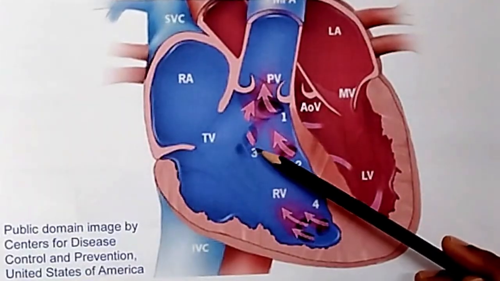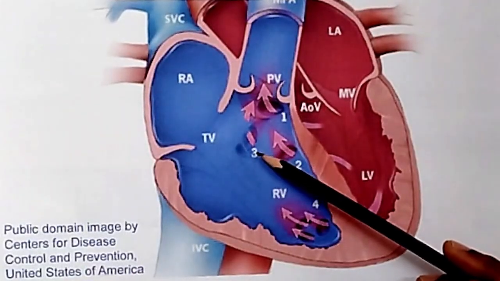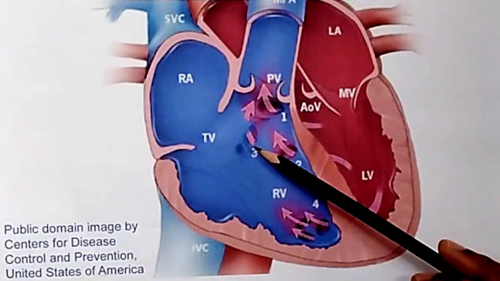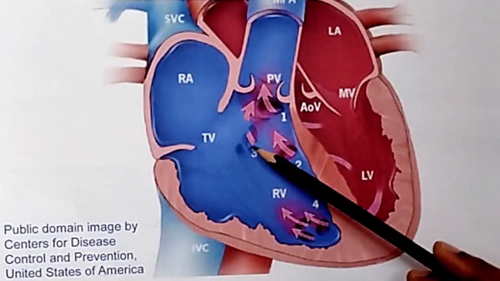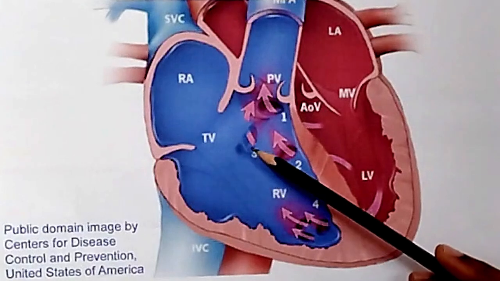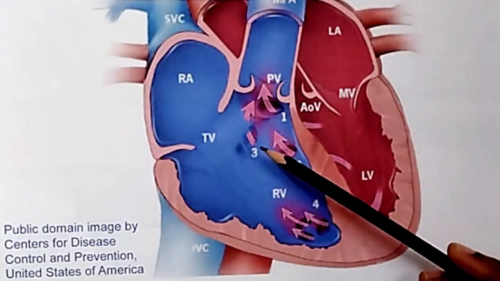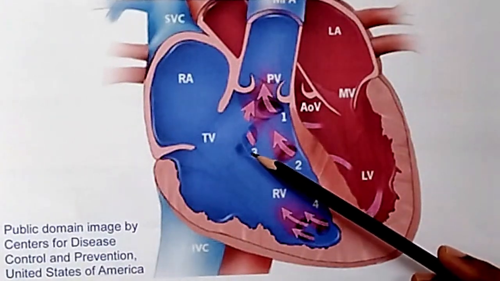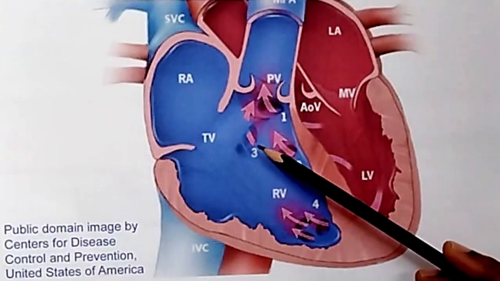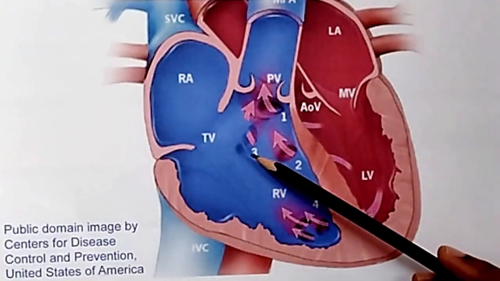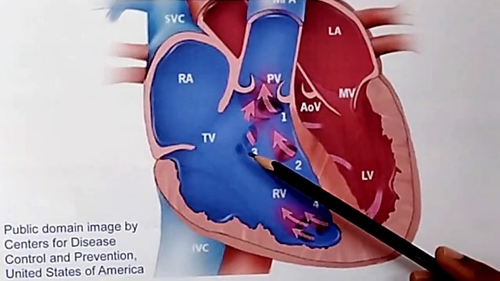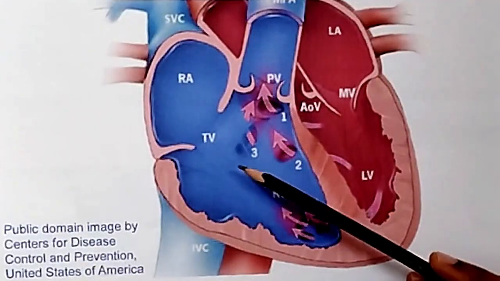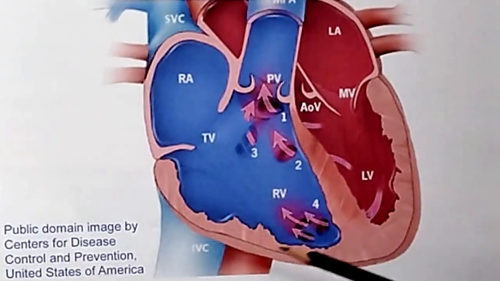And this is the inlet VSD, which is often seen in endocardial cushion defects, that is near the tricuspid and mitral valves, and it is usually associated with abnormalities of mitral or tricuspid valves, so that there can be mitral or tricuspid regurgitation. It is often a part of endocardial cushion defects.